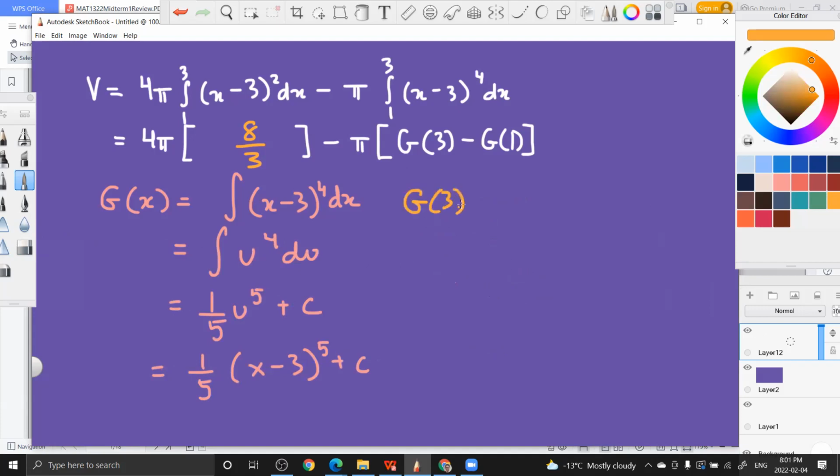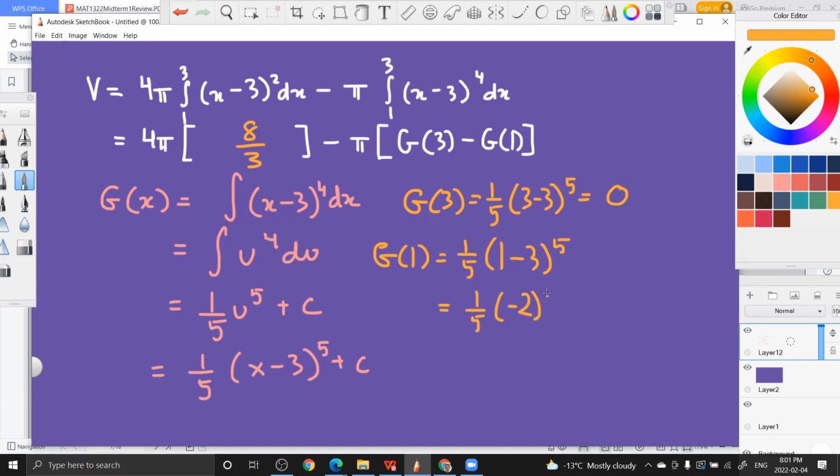So G(3) is equal to 0, because you're just plugging 3 in here, right? 1 over 5 times (3 minus 3) to the power of 5, that's 0. And then G(1) is equal to 1 over 5 times (1 minus 3) to the power of 5, so 1 over 5 times negative 2 to the power of 5. That should give you negative 32 over 5. Let's see.